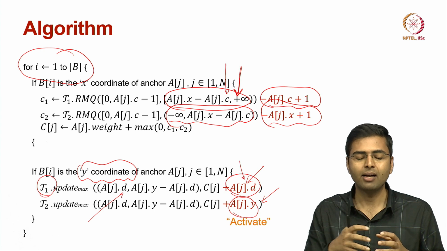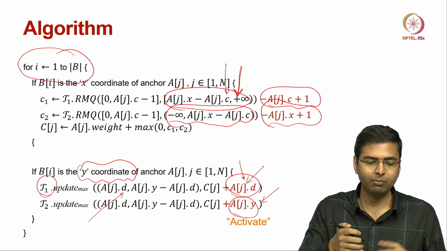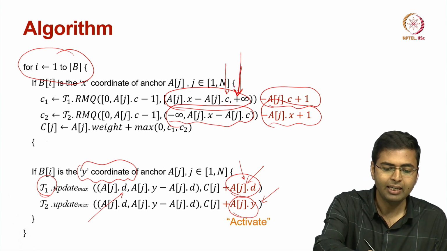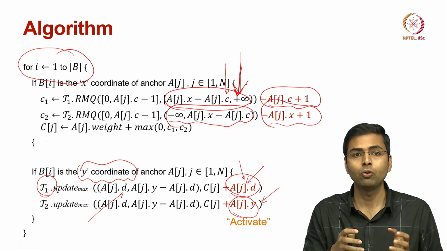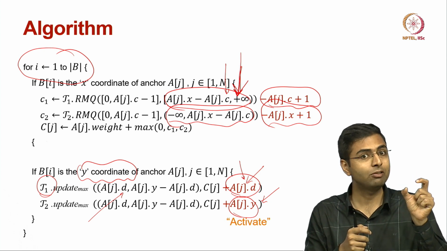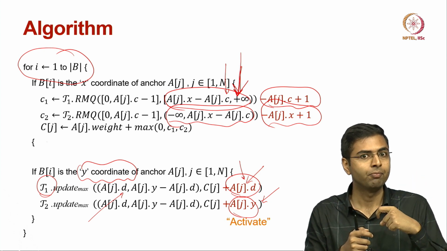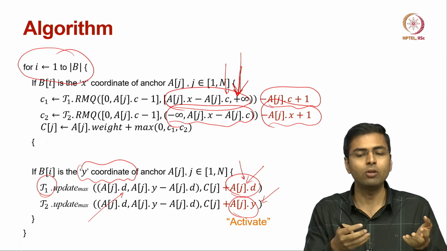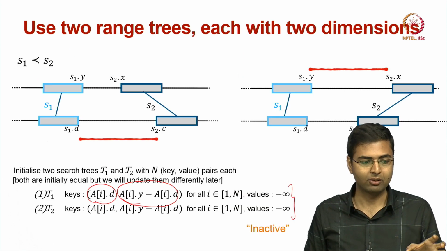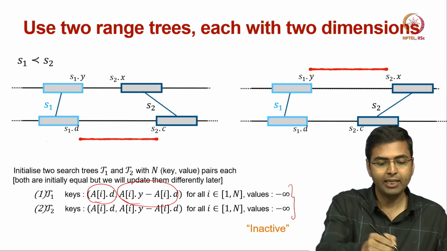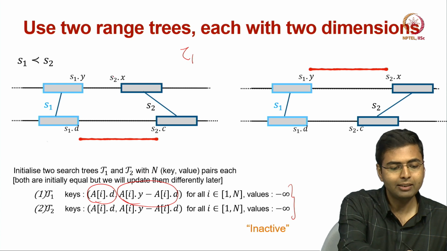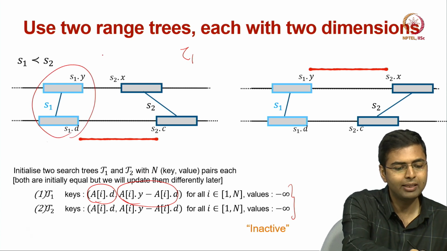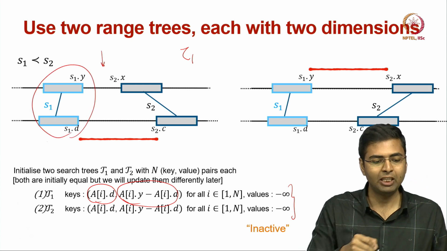So, in some sense, the other way to see this algorithm is that these range maximum queries help you look for those anchors which are preceding the current anchor, but you are further filtering down based on the orientation of anchors. So, for example, in tree tau 1, you will only consider those preceding anchors which are following this orientation with respect to anchor S2.